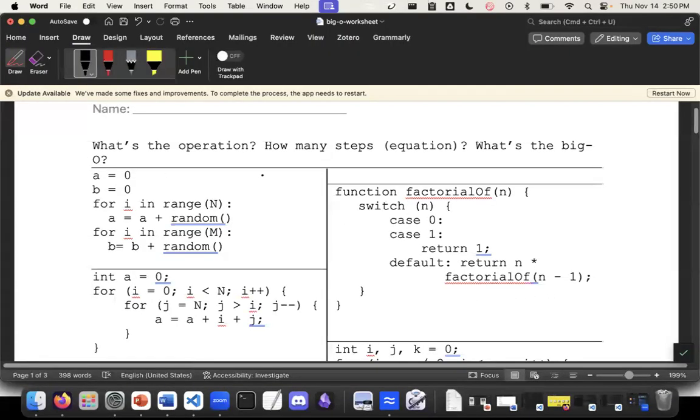Okay, so what's the first one? Yeah, adding, so what's the big O? O(n) plus O(n) plus O(n).